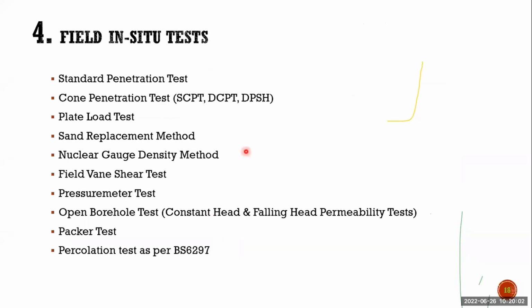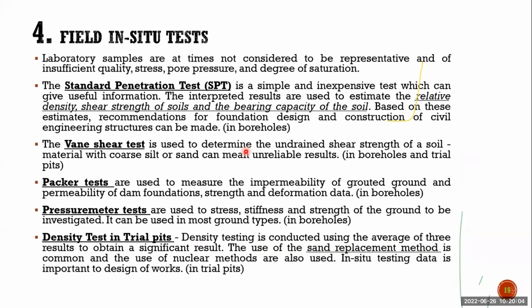For example, the standard penetration test. In the standard penetration test, we can determine the relative density, shear strength properties, and bearing capacity of the soil. These properties are helpful in determining the foundation design.